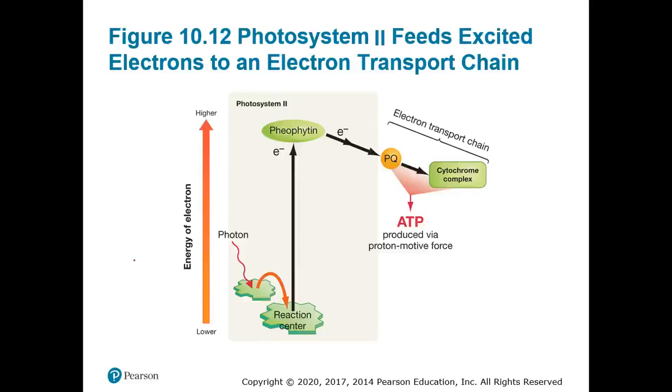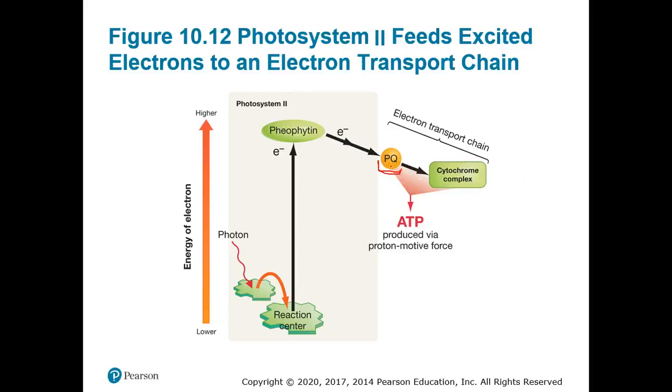So here's kind of an overview of this. We have our photon hitting our chlorophyll. It's exciting our electron, resonance energy transfer to that reaction center, exciting that electron, which gets given to pheophytin, and pheophytin's going to bring it over to the electron transport chain. We got PQ here, which is our shuttle, right? It's going to move it between the different members of our electron transport chain.